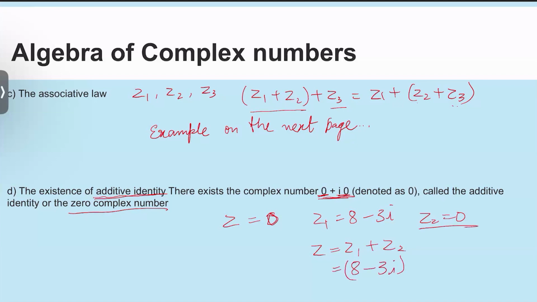Since 0 can be considered as a complex number, if you add it, what you're left with is 8 minus 3i. So if you add anything to 0, what you will get is only the remaining complex number that was used to add it. This is the additive identity.